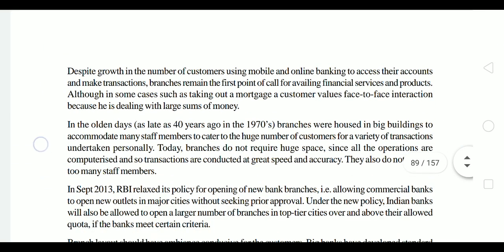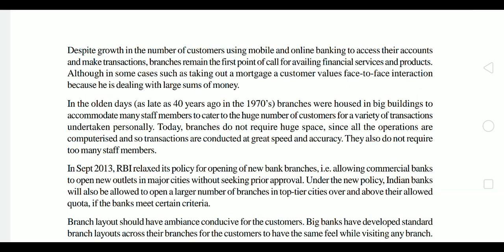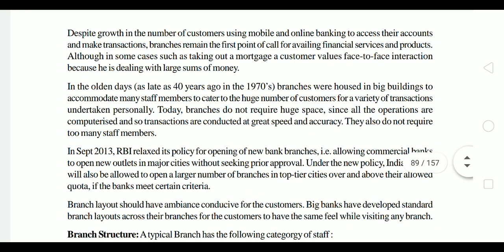Now when we talk about the earlier time, in the olden days, the branches were housed in a big building so as to accommodate many staff members, so that staff members can cater to the number of customers. That time the customers were huge for various transactions undertaken personally.